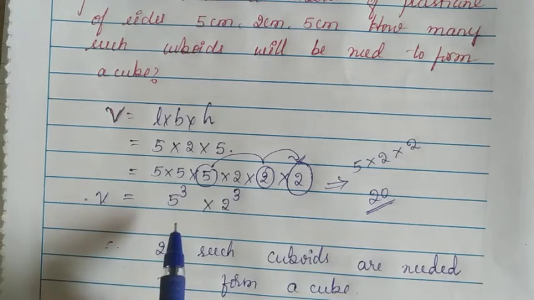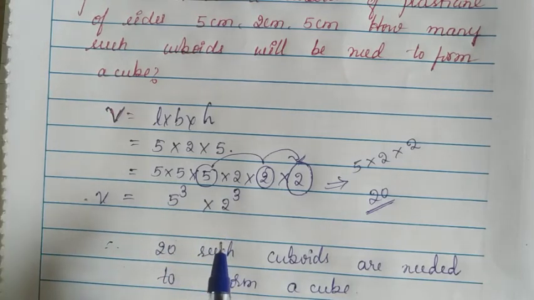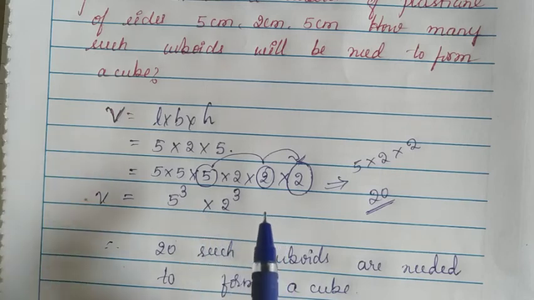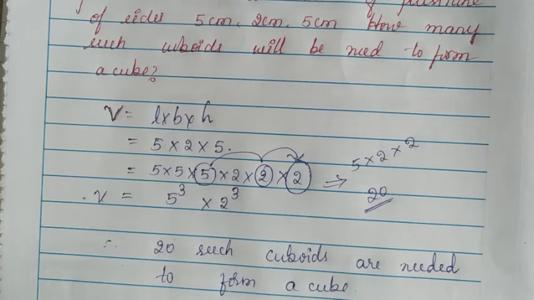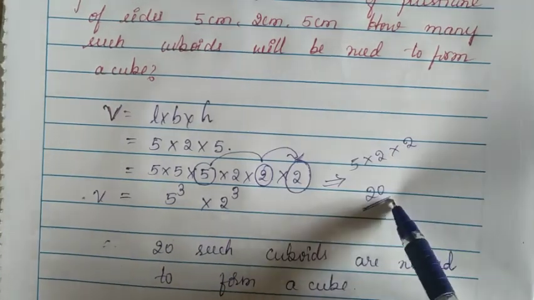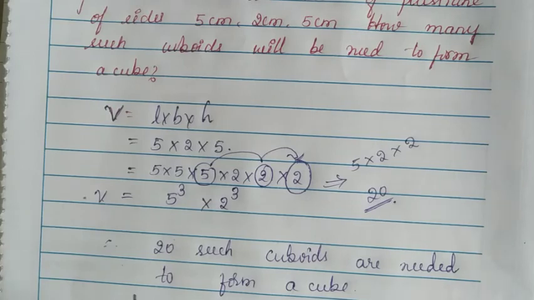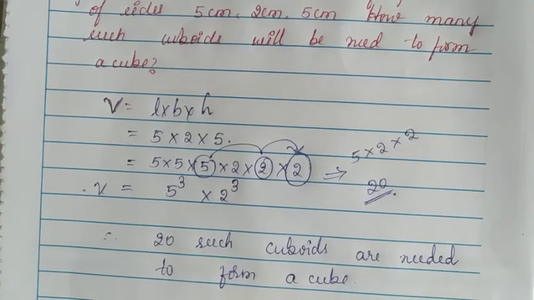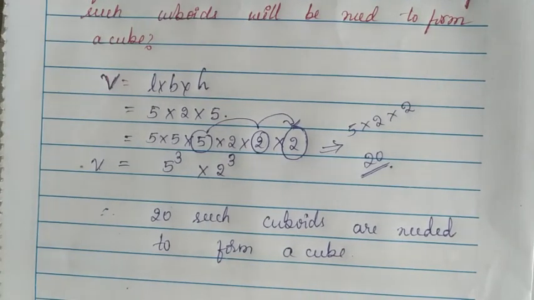After it becomes a perfect cube, the introduced numbers are 5, 2 and 2. Now multiply separately. 5 into 2 into 2 becomes 20. Yes, those 20 cuboids are needed to form a perfect cube.